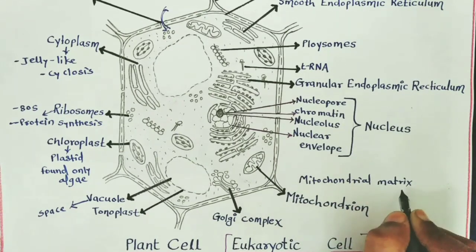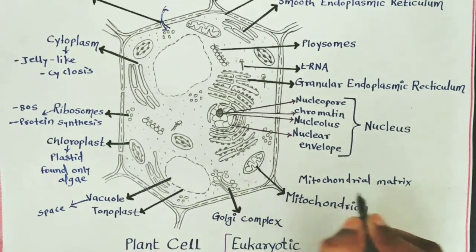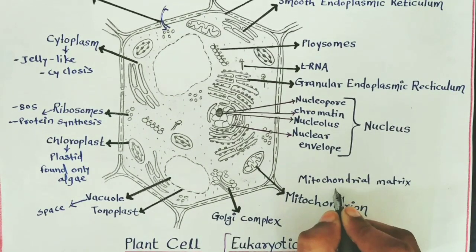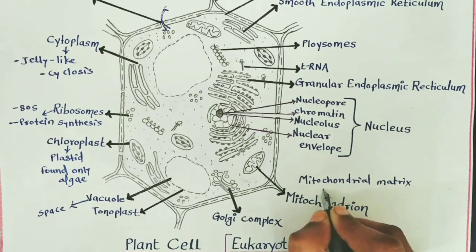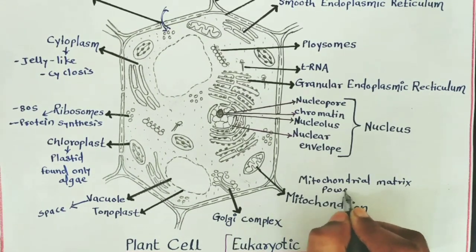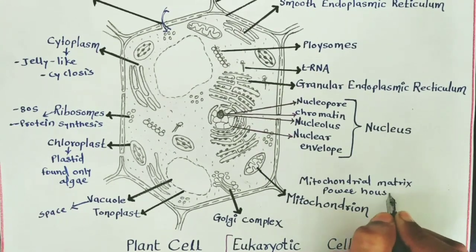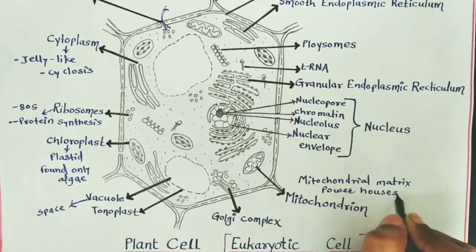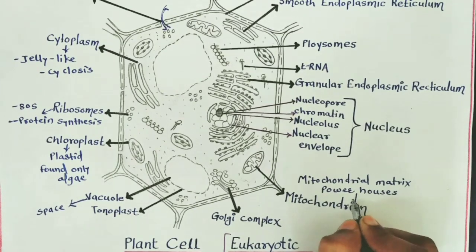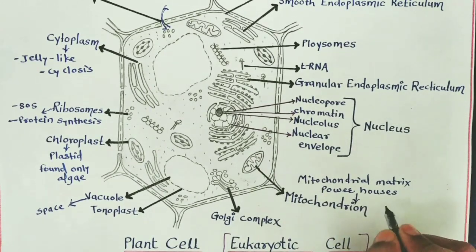A large portion of the mitochondrial protein represents enzymes. Mitochondria are also called the powerhouse of the cell because ATP molecules are produced during cellular respiration.